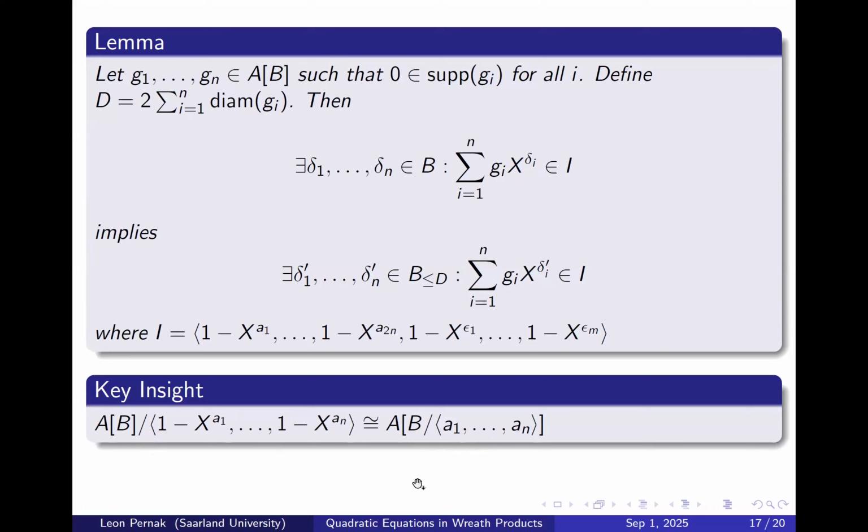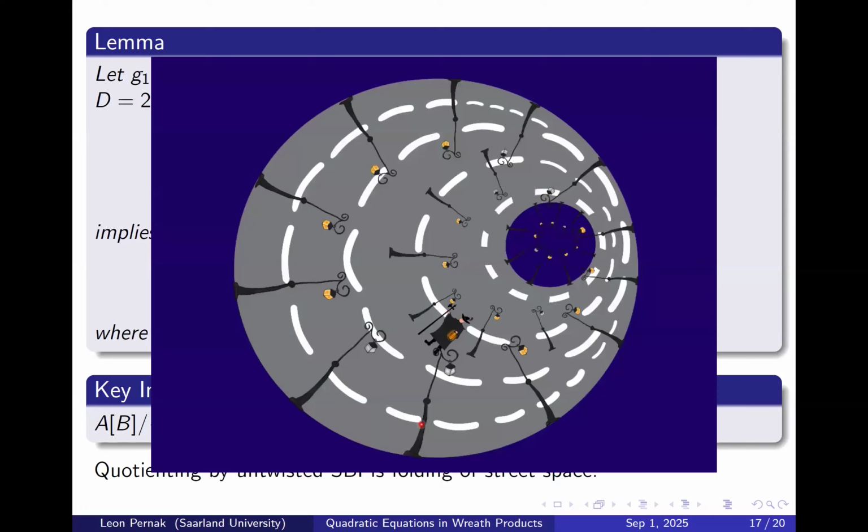And this means nothing else than, if B is my index space and I'm forming a quotient of this index space, I'm folding up this space of maybe Z2 or whatever. So quotienting by such an ideal is folding up the space. In fact, our lamplighter now maybe stands on a torus or whatever, but the problems remain the same.